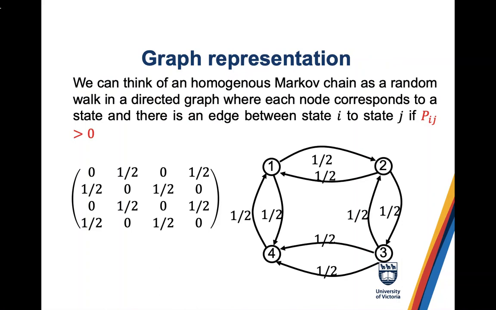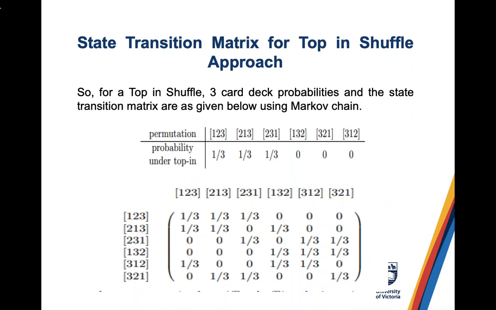The graph representation. We can think of a homogeneous Markov chain as a random walk in a directed graph, where each node corresponds to a state and there is an edge from state i to state j if Pij is greater than 0. State transition matrix for the top-in shuffle approach.